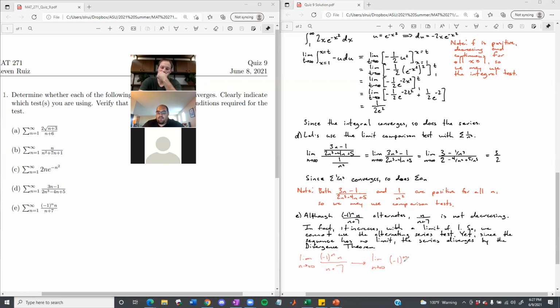One thing I also saw a lot of that I want to address is this. If this looks familiar to you, please don't feel like I'm singling you out, because I did see this quite a few times. The limit is equal to this, -1 to the infinity times infinity over infinity plus 7.